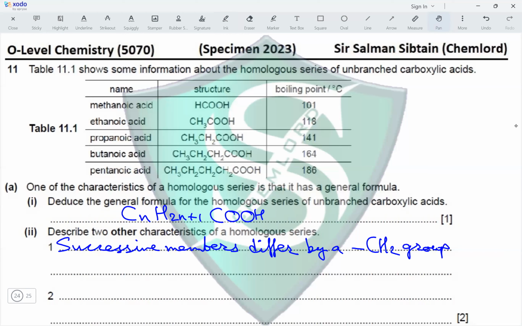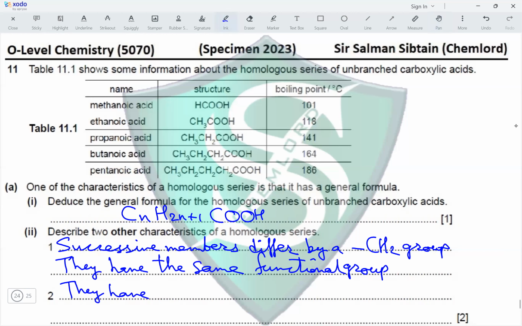The next one is they have the same functional group. Okay, the next feature is they are all having similar chemical properties. So we will write they have similar chemical properties. And the final one, look at the boiling point. The boiling point is increasing.